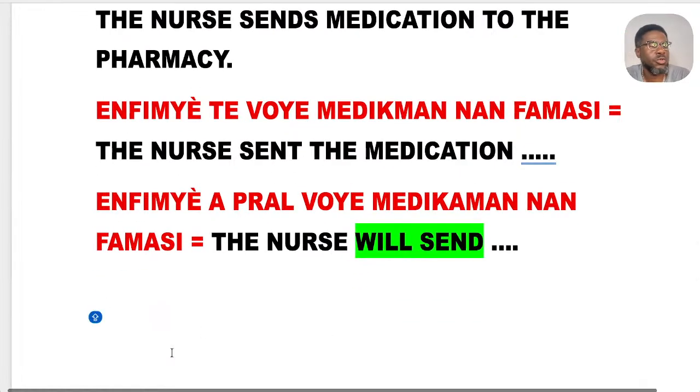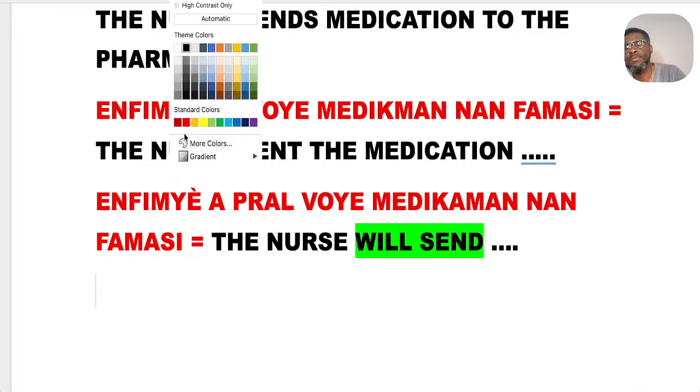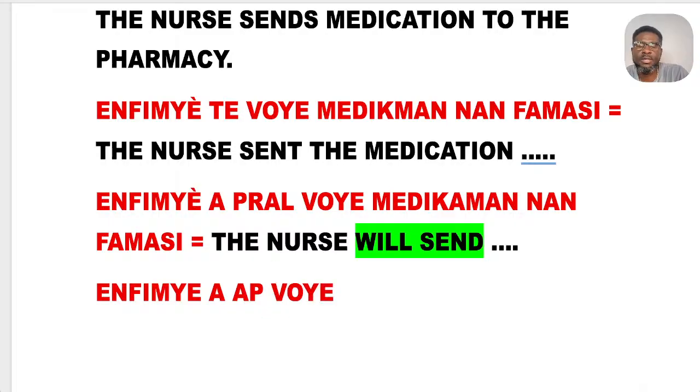Ok, now for present continuous. So, son action que la fait kounya dans moment là. So, infirmier a voye médicament dans pharmacie à kounya.